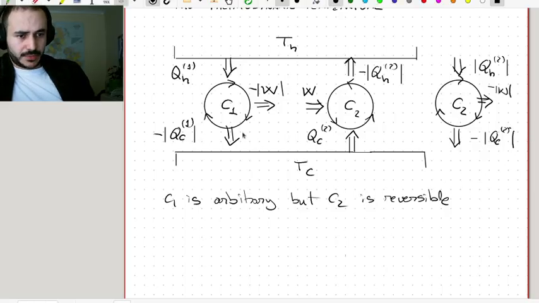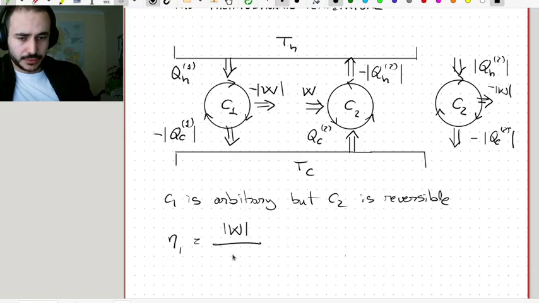So I can define a thermal efficiency for C2 when it's running as an engine, and for C1. And for that, I just apply the definition. The thermal efficiency of the first one is going to be equal to the absolute value of the work that is produced divided by the heat which is absorbed.